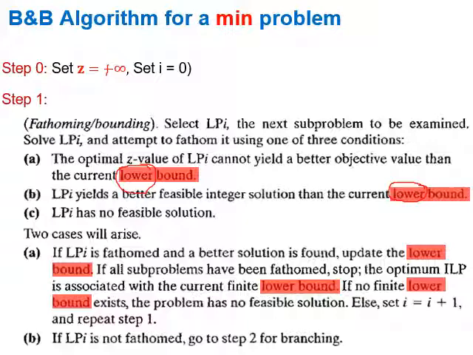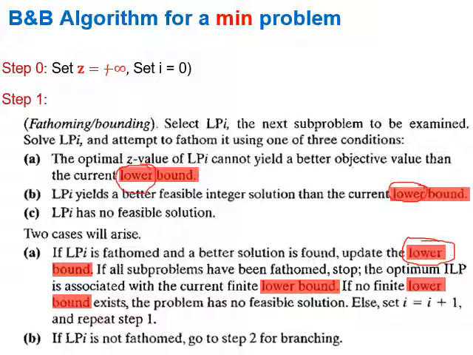It's the same. Then it says that two cases will arise at the end of step 1. First case, if LPi is fathomed and a better integer solution is found, then we need to update our upper bound, not the lower bound, in a minimization problem. If all subproblems have been fathomed, then we stop.